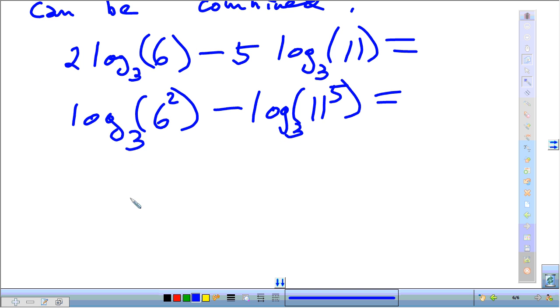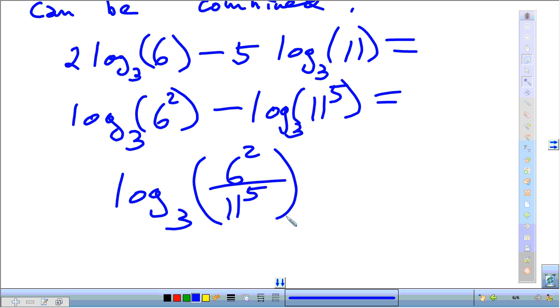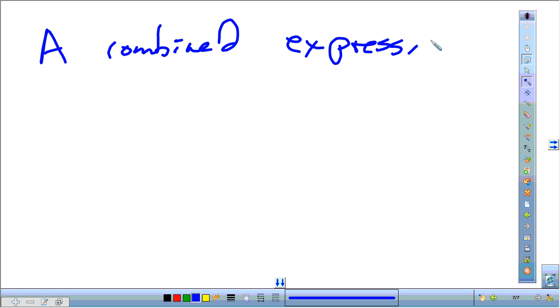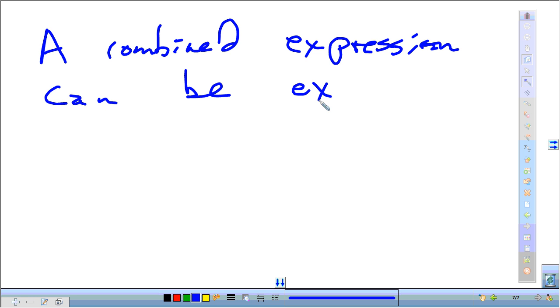And then this difference is a division before the logarithm. So an expanded version can be combined into a single logarithm term. Or sometimes it's convenient to work the other way.